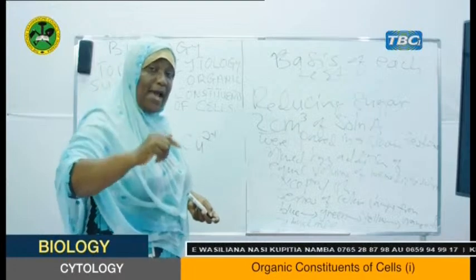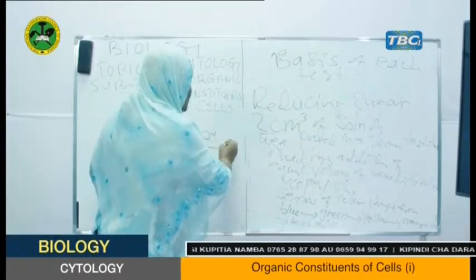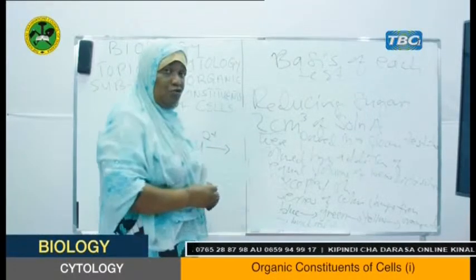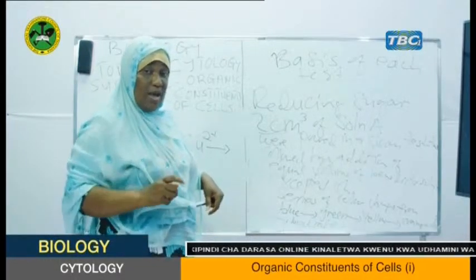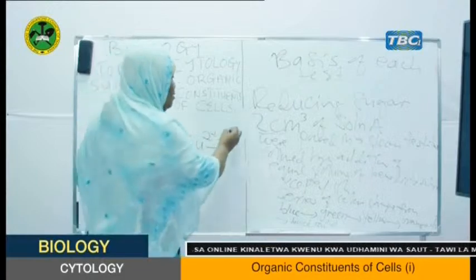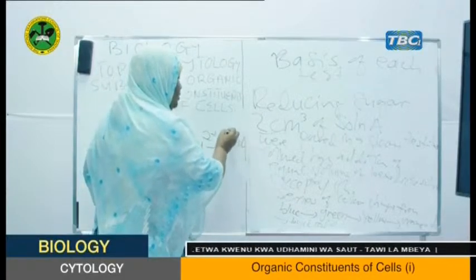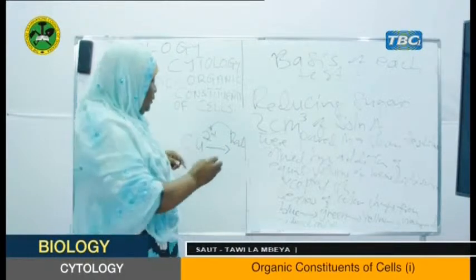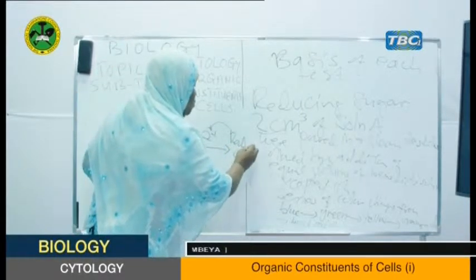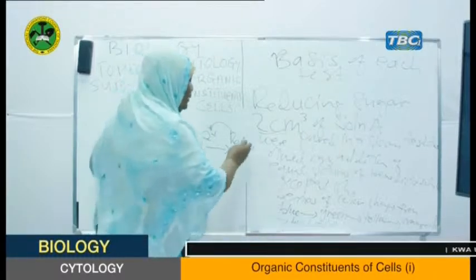Therefore, when you apply Benedict in your sample solution which contains reducing sugar, then reducing sugar reduces copper 2 ions into copper 1 ion.